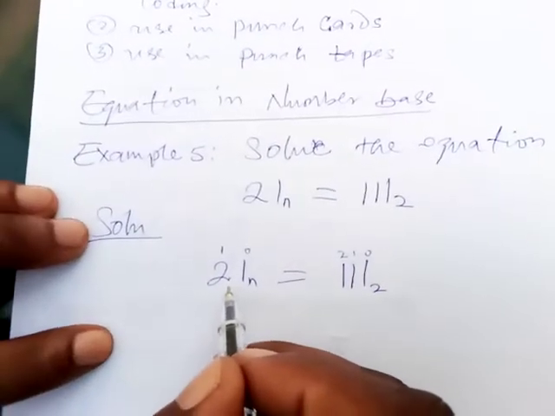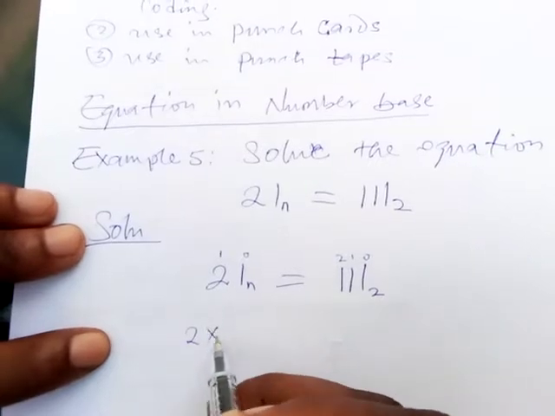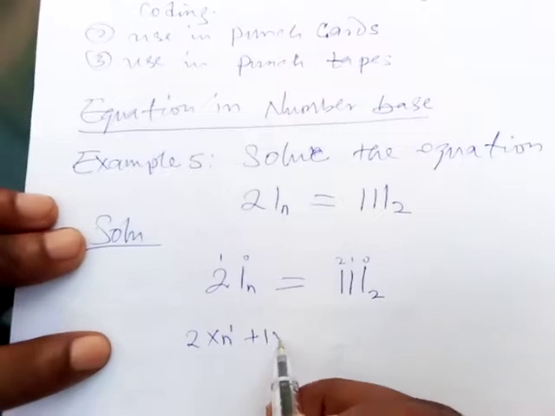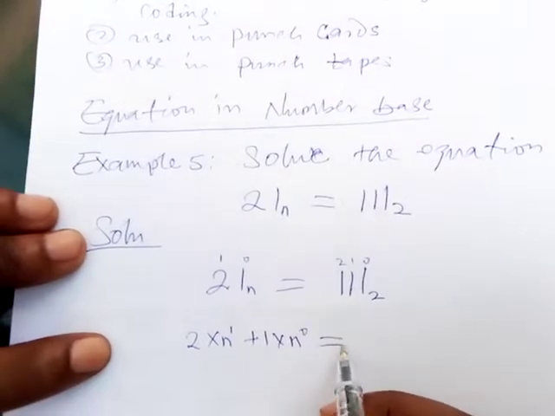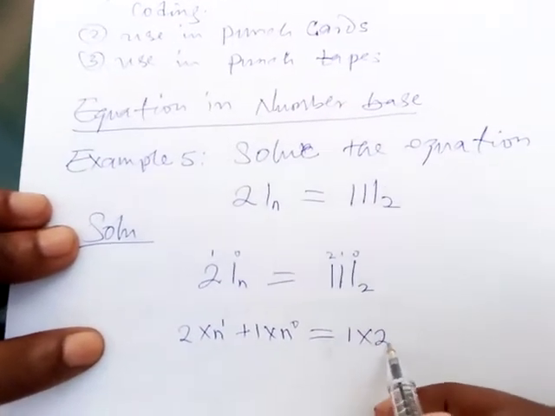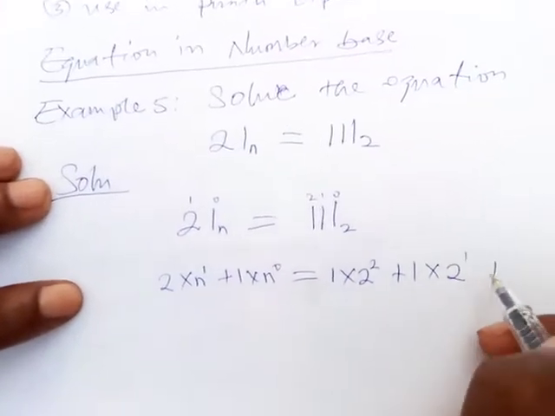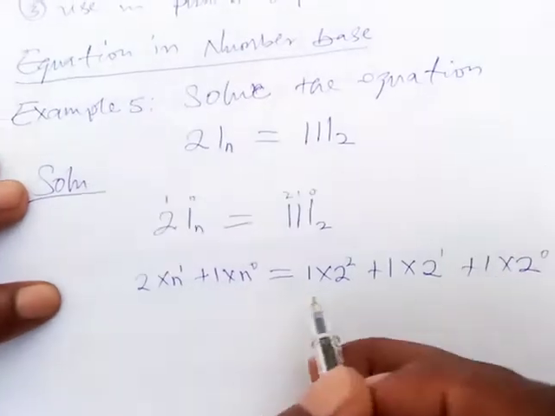To expand the left side, this will be 2 times n, where n is the base, raised to power 1, plus 1 times n raised to power 0. The right side will be 1 times 2 raised to power 2, plus 1 times 2 raised to power 1, plus 1 times 2 raised to power 0.